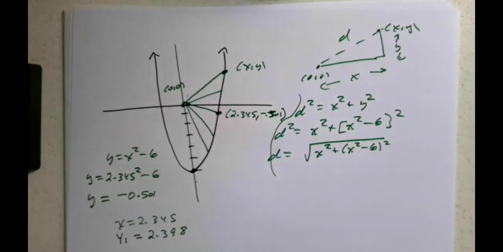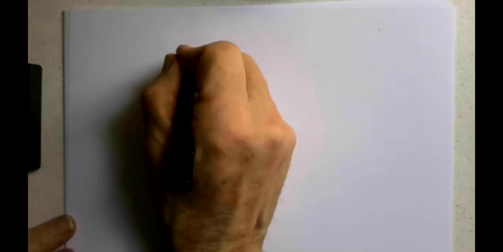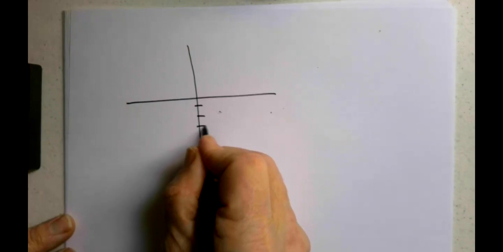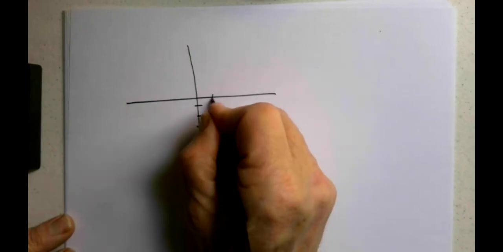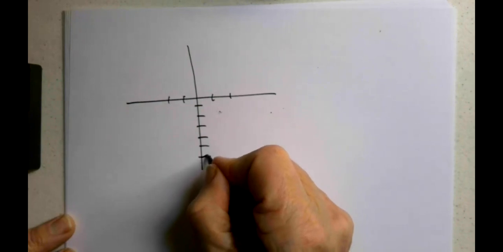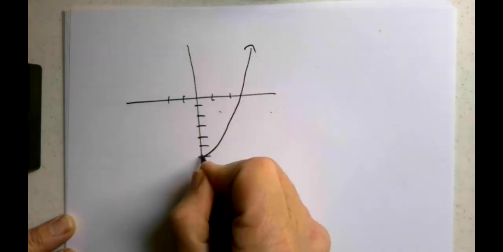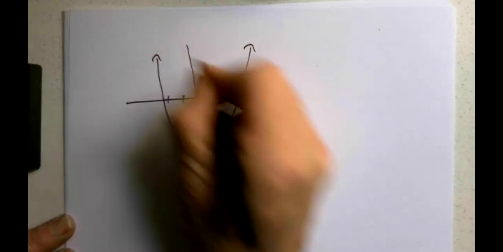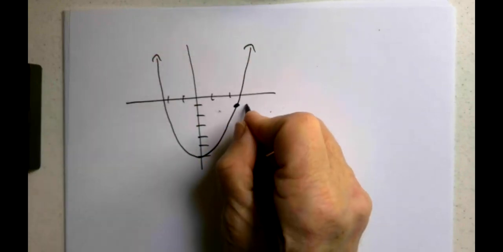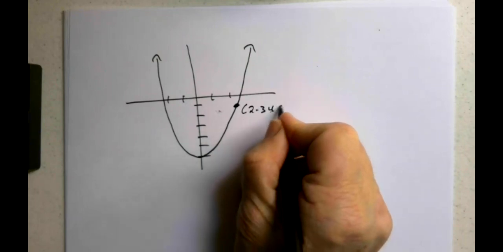So again, let's draw a better picture here so we can see it. This is what we believe we have. 1, 2, 3, 4, 5, 6. 1, 2, 1, 2. It goes a little bit beyond. The point here that we believe is our closest point, we said the X value is 2.345.